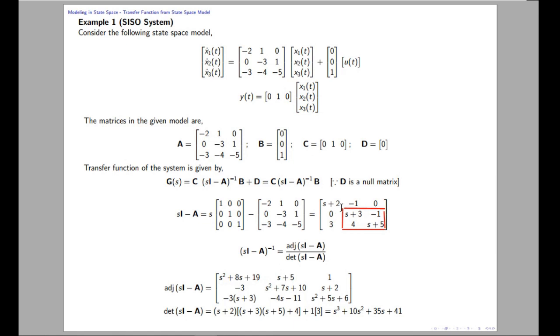And the cofactor of minus 1 is minus of the first column and 0, 3 minus 1, S plus 2. You'll have a negative sign, but when you take the transpose, it will go here. Anyhow, just refer to some basic mathematics book to learn how to find the adjoint of a matrix. I got the adjoint of this matrix like this.